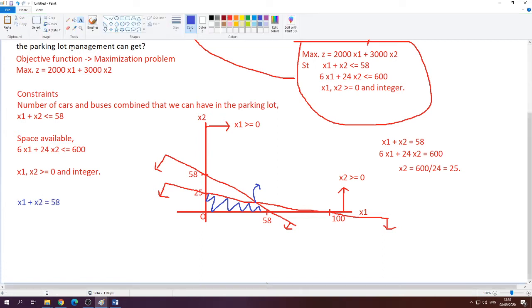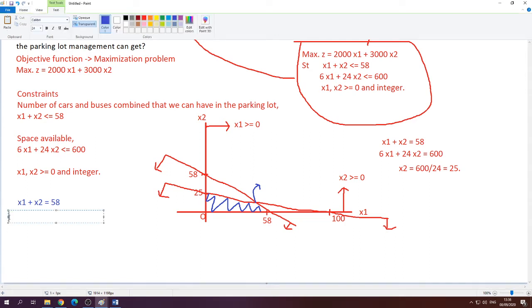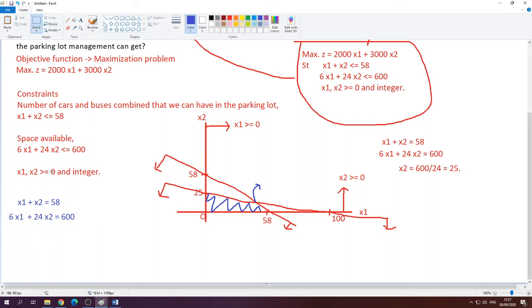That's the first constraint, and the second constraint that we have is 6x1 plus 24x2 equals 600. Now I think I'm going to eliminate x1.